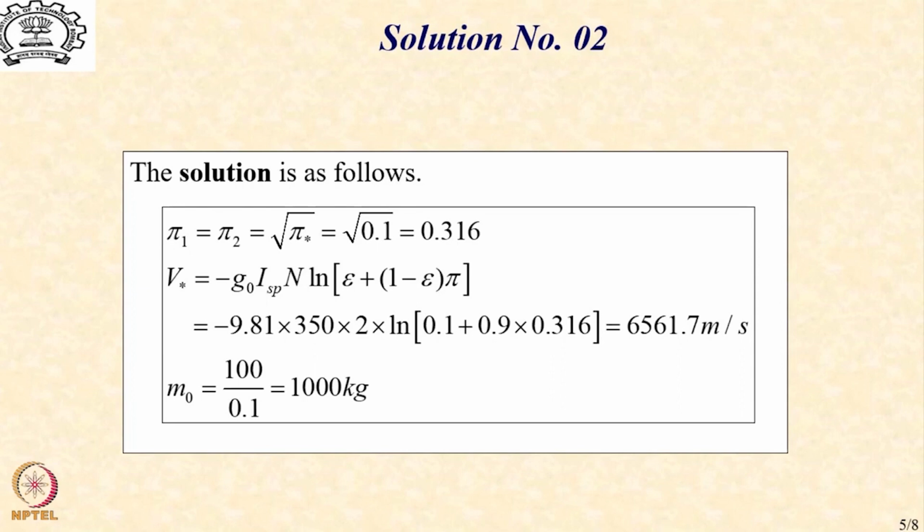which obviously means that by small increases in the structural efficiency and small increases in propulsion technology, it is possible for us to significantly improve the efficiency of the mission.